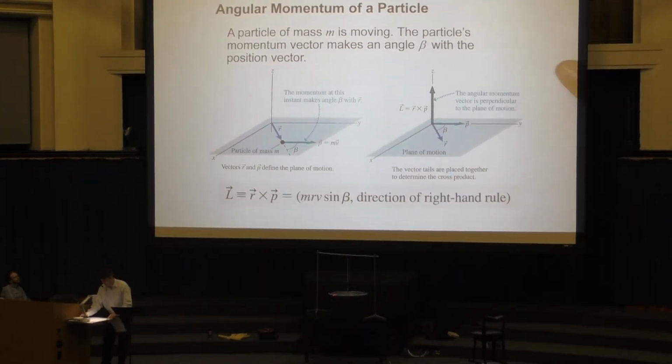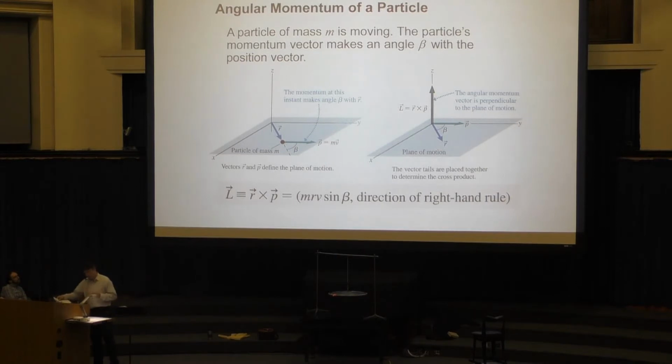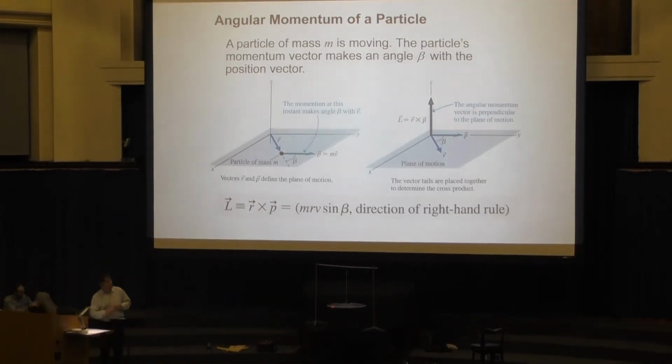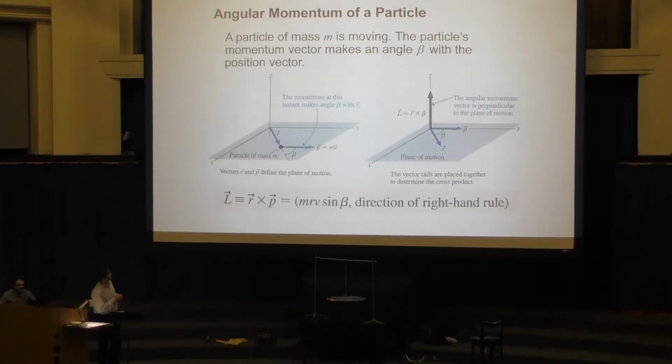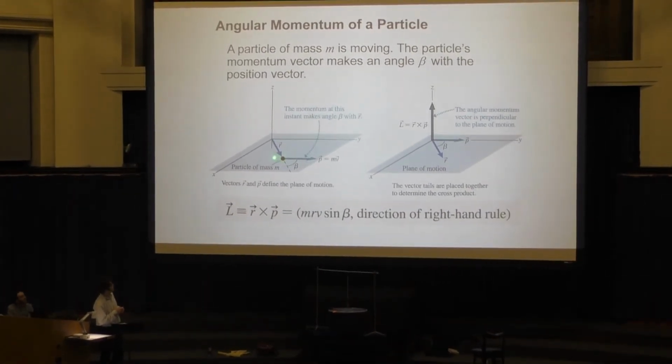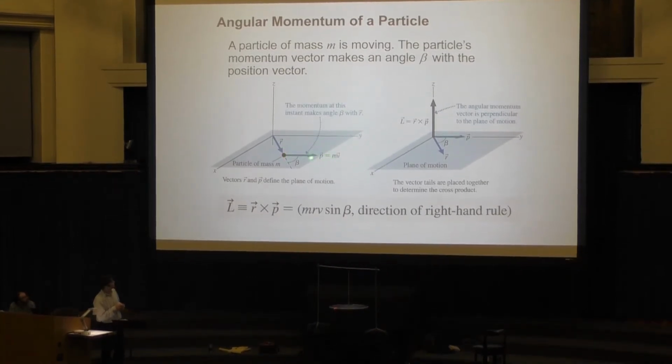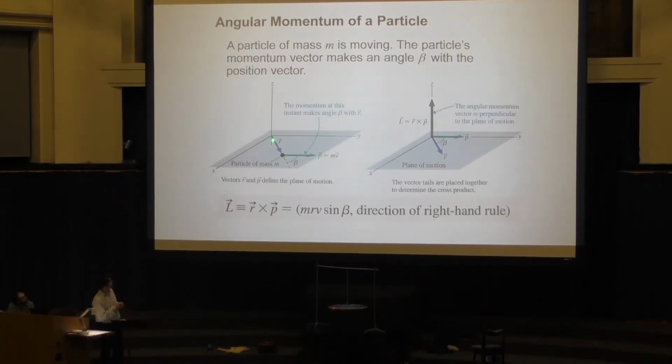And next thing, the reason we have vector torque is because we have vector angular momentum. A particle of mass m moving in some direction will have a momentum vector in the direction of its velocity, and it will have an angular momentum relative to the origin if you take r cross p.